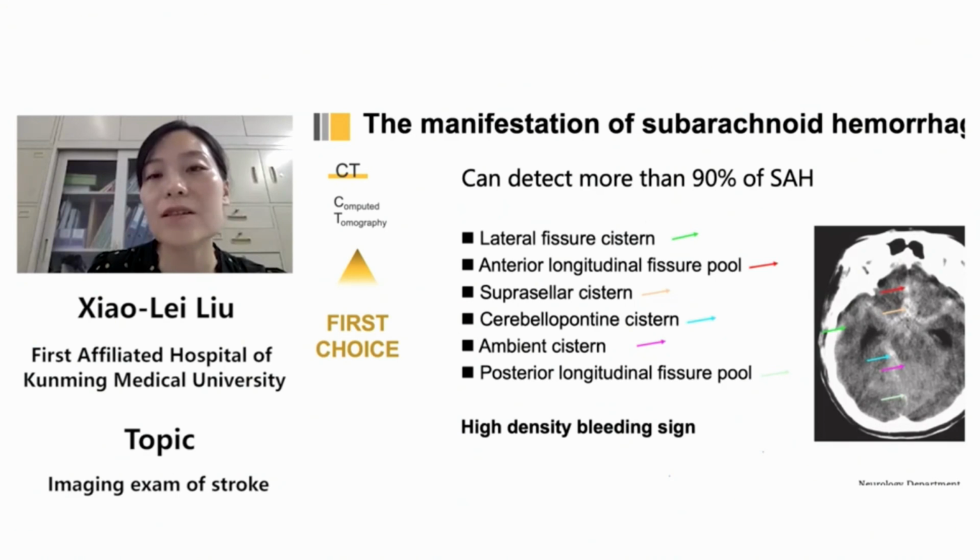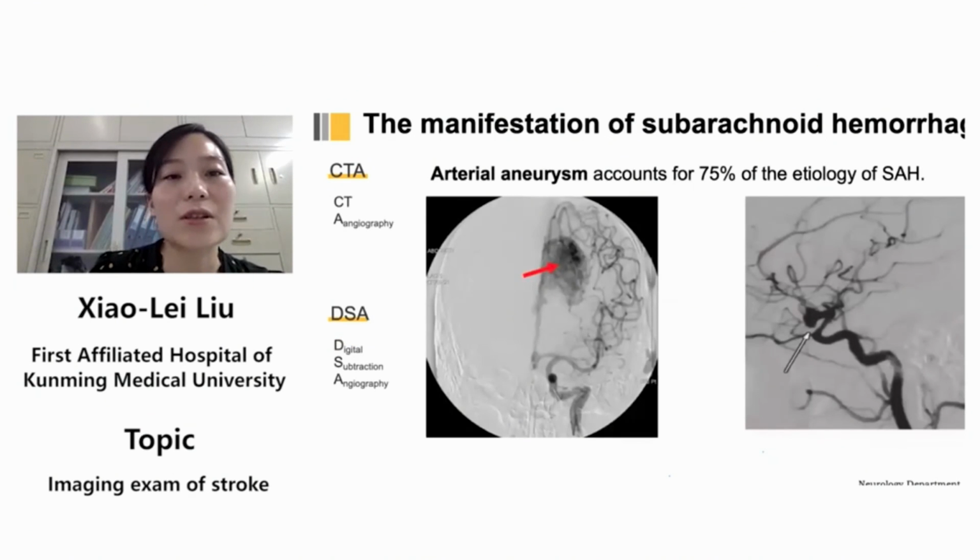SAH means subarachnoid hemorrhage. And arterial aneurysm accounts for 75% of the etiology of SAH. So we can take CTA or DSA to detect it. Here we can see there is a very large aneurysm through the DSA.